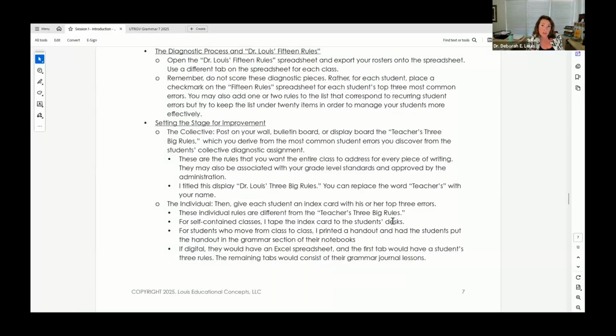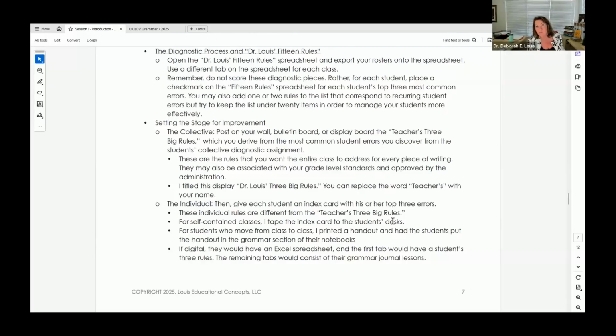Those are the 3 big ones. And for the editing, teaching them how to edit, for grammar, those 3 big ones are always the distractors on multiple choice tests. So right at the beginning of the year, typically, even though you're doing the diagnostic, the teacher's 3 big rules are probably going to be those 3.